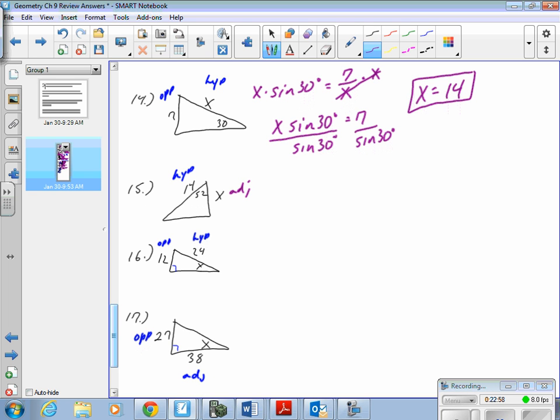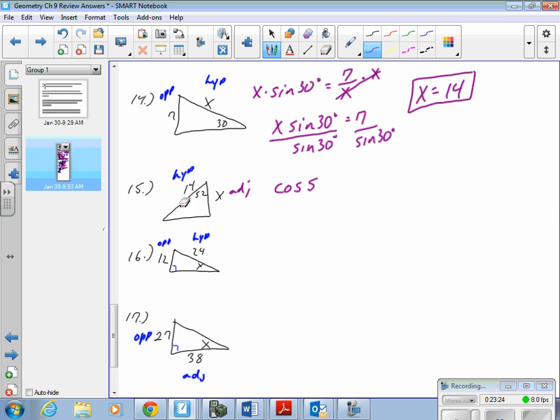Alright, so then 15, we've got a 52-degree angle here. X is on the adjacent side to that angle, and 14 is the hypotenuse. So we're trying to find the adjacent. We've got the hypotenuse, so adjacent over the hypotenuse is cosine. So we're going to use the cosine function here.